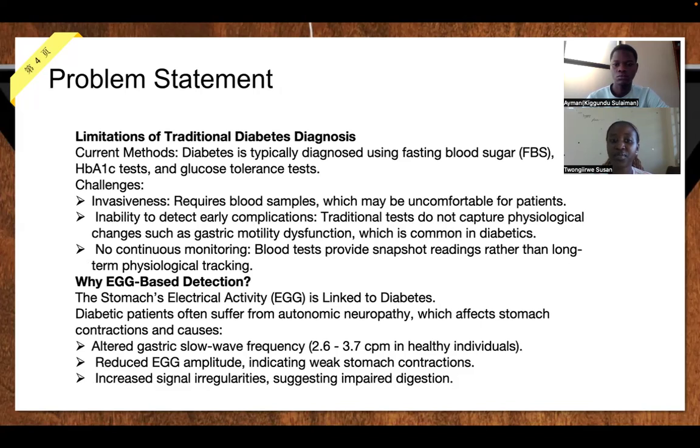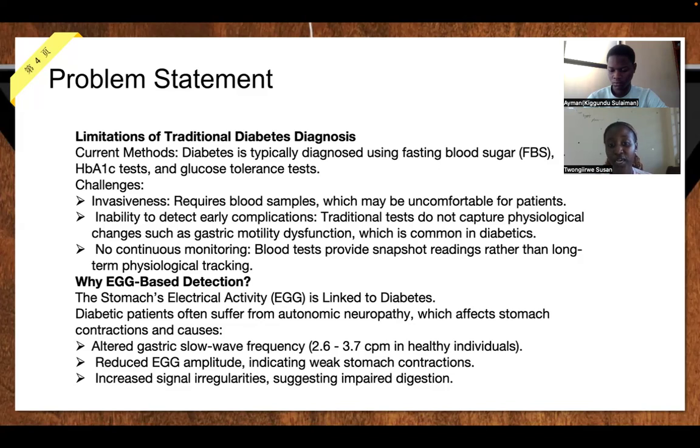Then what is our problem statement? It revolves around the limitations of traditional diabetes diagnosis. Currently, diabetes is typically diagnosed using fasting blood sugar (FBS), HbA1c tests, and glucose tolerance tests. What challenges do we face when using these?